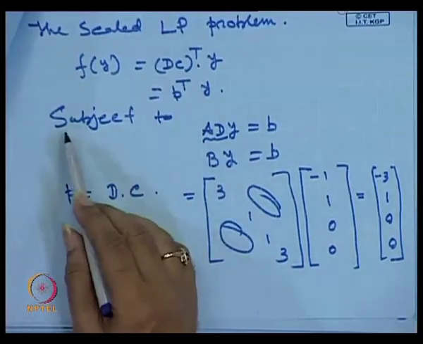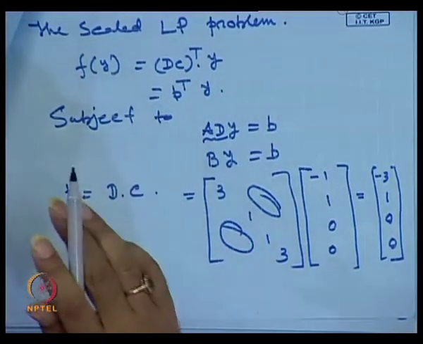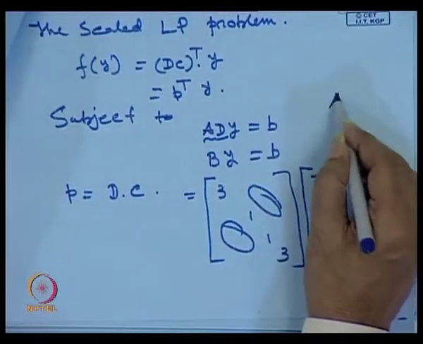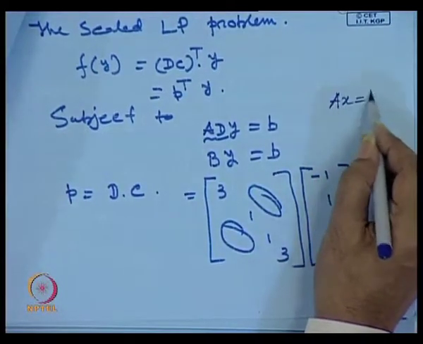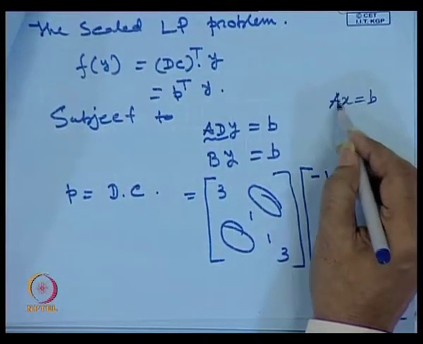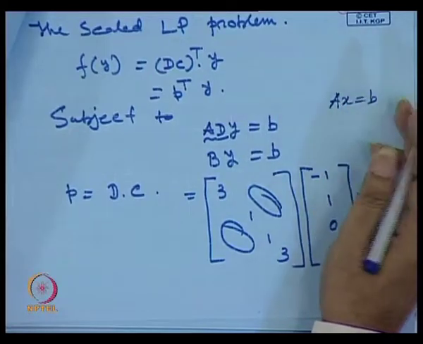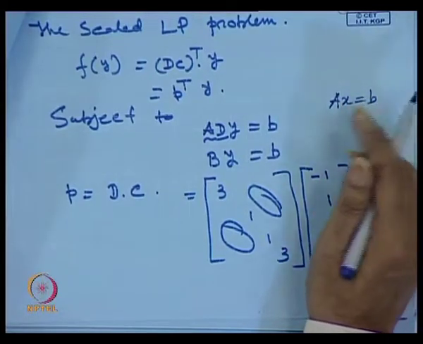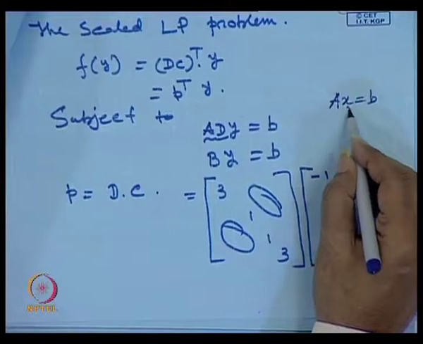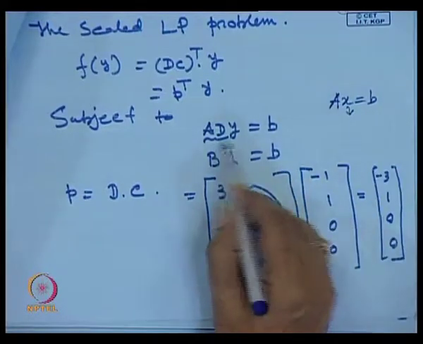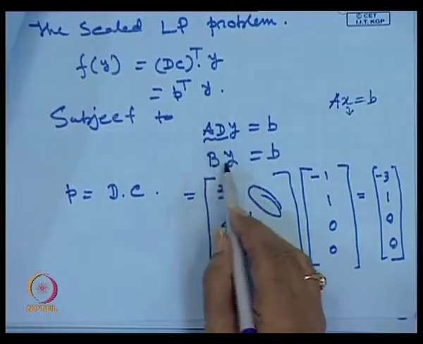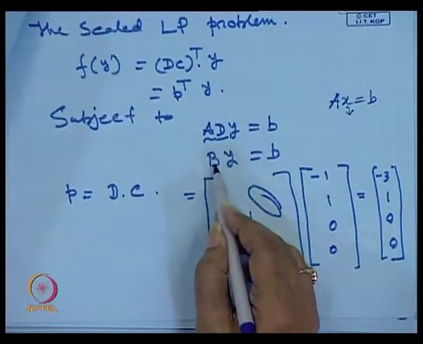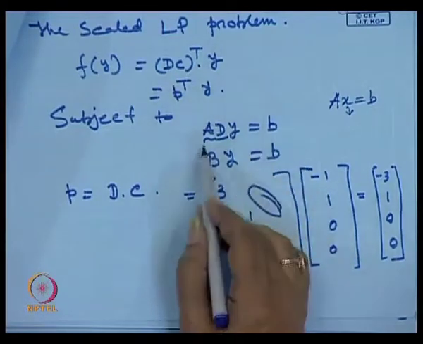So, subject to conditions, our original problem is Ax = b. We know x has a relation with the new variables, x = Dy. So, if you put x = Dy, that will become b, AD y = b, we have considered that product.